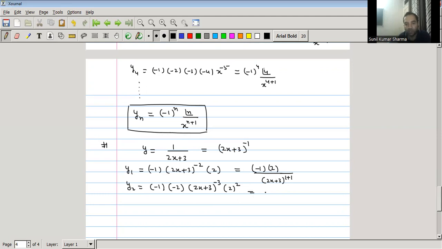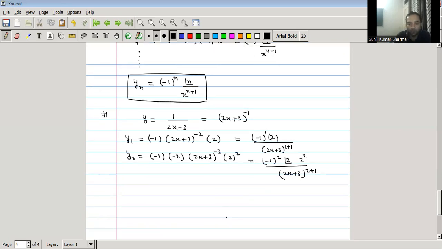So we can write this as -1 to the power 2 into 2 factorial. 2 factorial where is it from? This is 2 into 1, and this is 2 squared, divided by 2x plus 3 whole cube. So instead of writing whole cube, I write 2 plus 1. So I hope the point is clear to you.